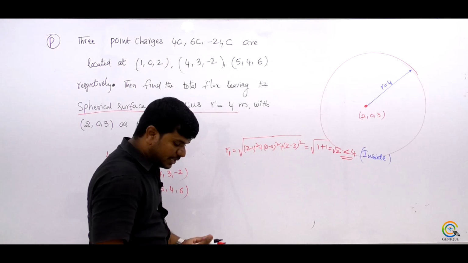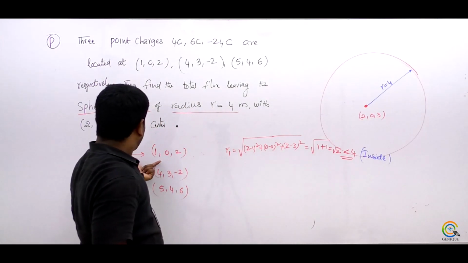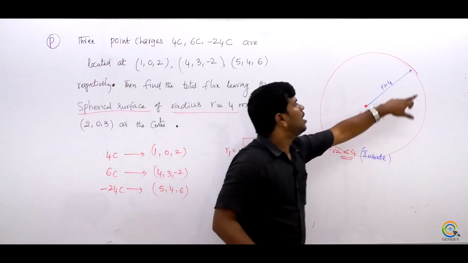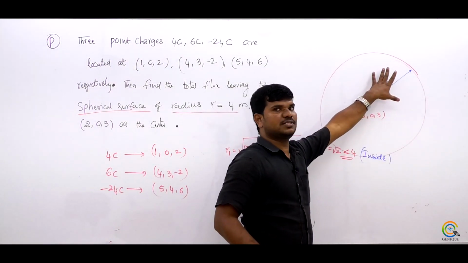Why am I writing this? The 4 coulombs must be present within the r equals 4 meter radius.